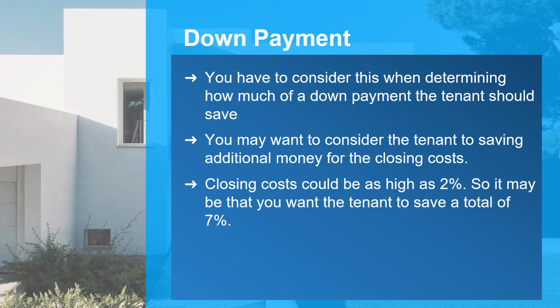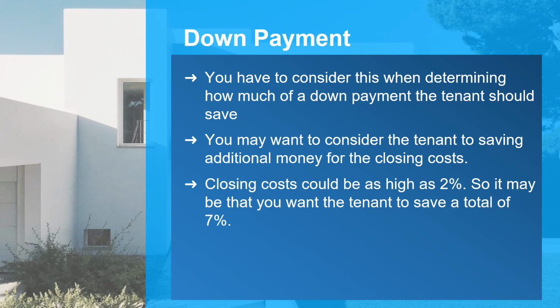So you want the tenant to save at least 5 to 7%. 2% can be used for closing costs, and at least 5% for the down payment if they're employed and have a good enough credit score, or you might want them to save 10, 15, or 20% depending on their income and overall situation.